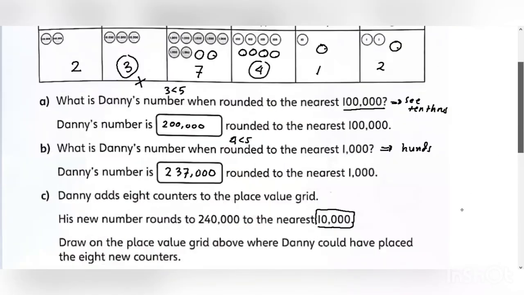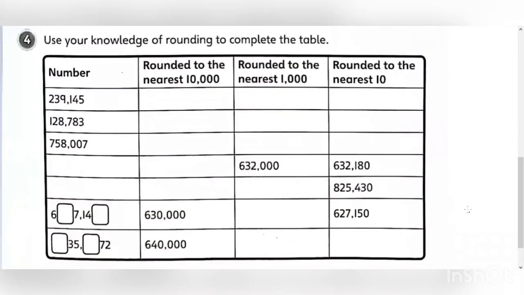The next one, use your knowledge of rounding to complete the table. Round to the nearest 10,000. Don't forget, for this one we need to see the 1,000, and for this one we need to see the 100, and for this one we need to see the ones.